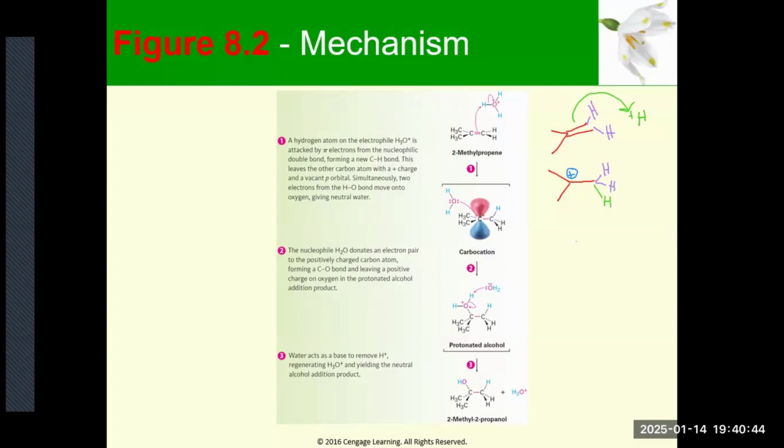As you see here, you're able to see the hydrogen that was added on this carbon, and then on this carbon here, if you look really closely, you're able to see the carbocation right there.